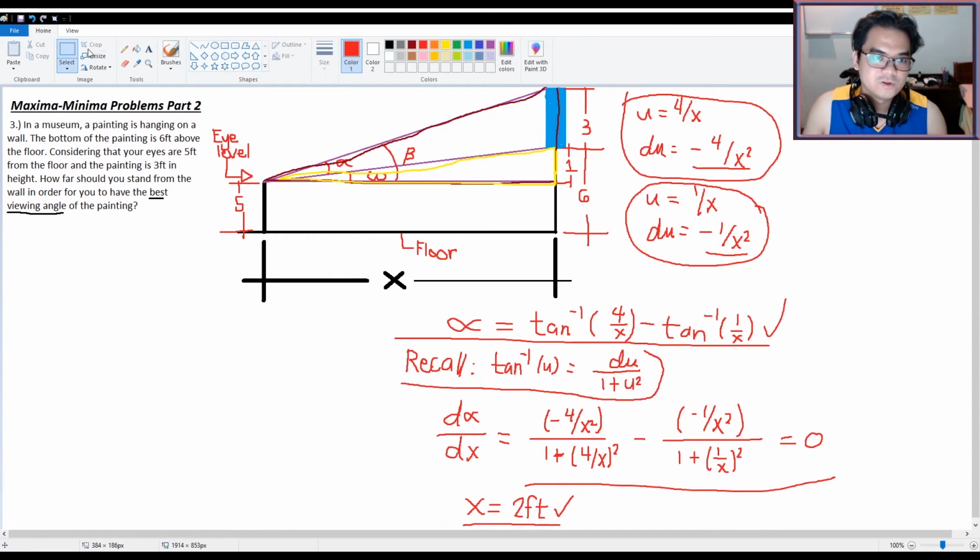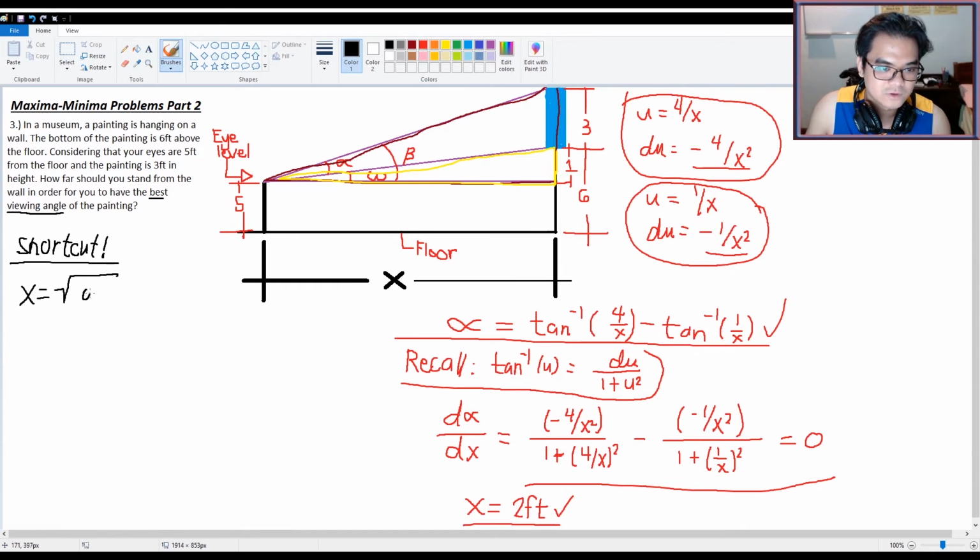Let's try to do the shortcut. The shortcut will be x is equal to the square root of ab, which is really easy to remember.